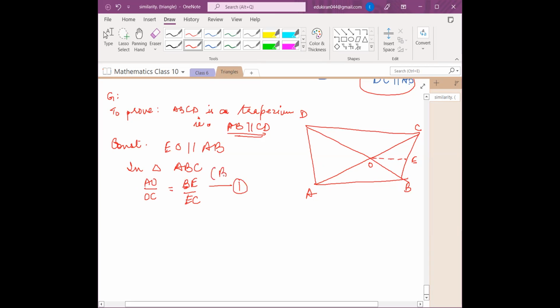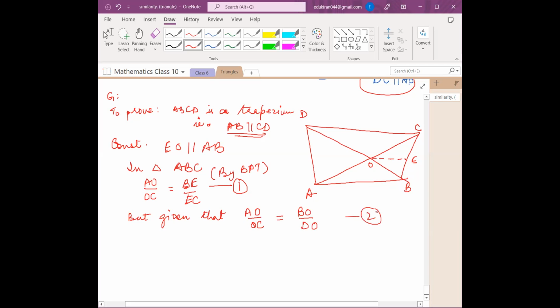And obviously it's by BPT. Now use your given condition. Always use words also. But given that, AO upon OC is equal to BO upon DO. This is your second equation.